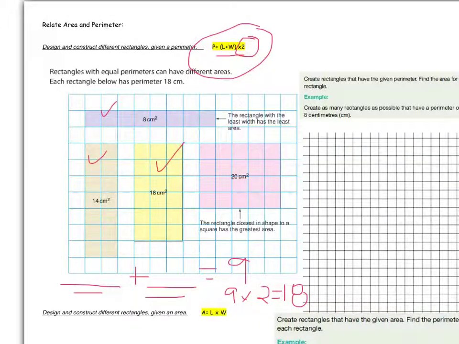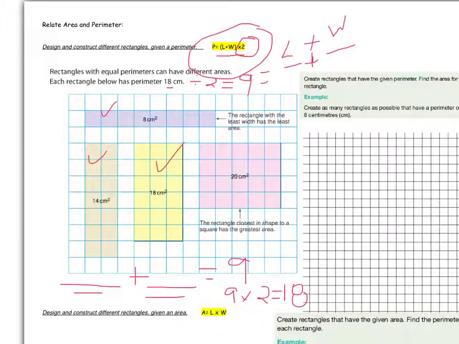Here we've taken 18 and divided it by 2, which gives us 9, so we know our length and width have to add to equal 9. Okay, so that's the key thing here for constructing a rectangle that has a certain perimeter.